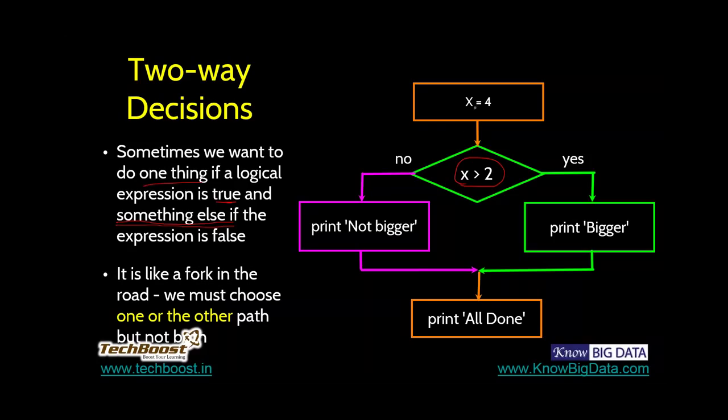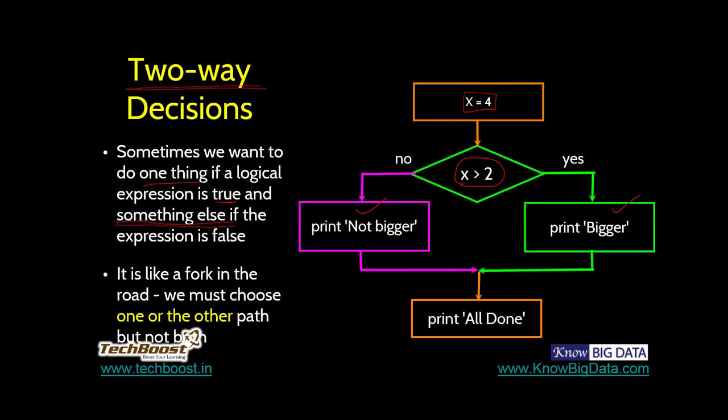Let's see what we mean by this. Say x is 4. If x is greater than 2, we say it is a bigger number. Otherwise, what to do? It is not bigger. Now we are performing two operations based on two ways. So both ways have their operations.